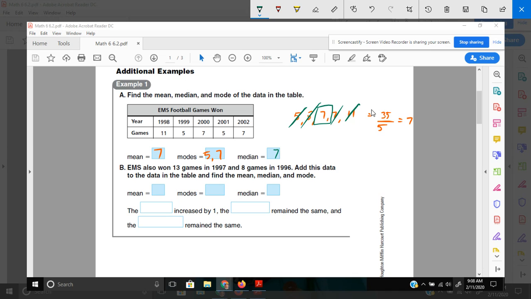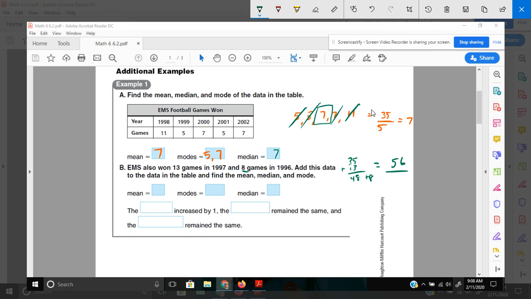Okay. It says EMS also won 13 games in 97 and 8 games in 96. Add this data to the table to find the mean, median, and mode. All right, so if I were to add 13 and 8 to that, 35 plus 13 would give me 48, plus 8 for the 8 games in 96, bring me to a grand total of 56.